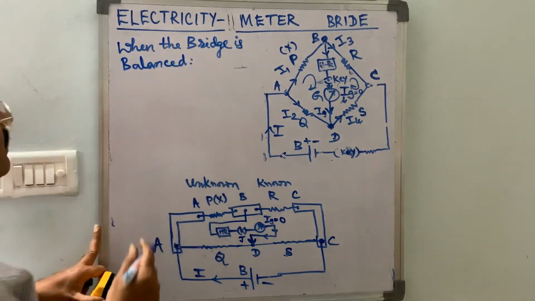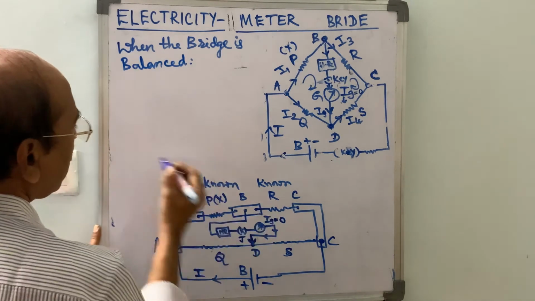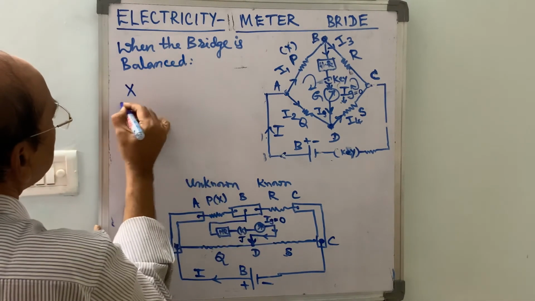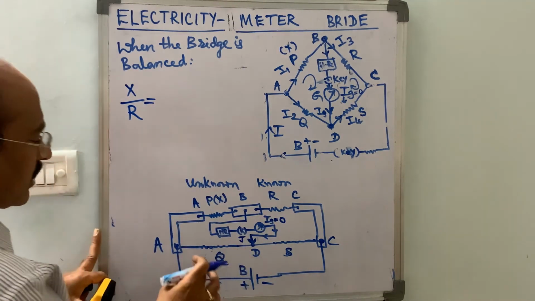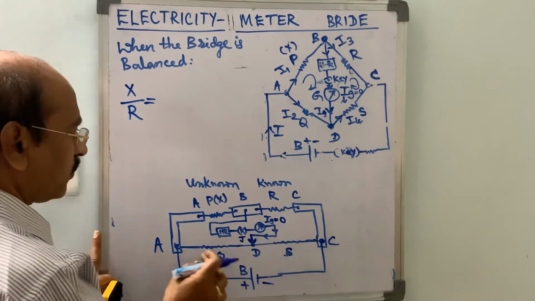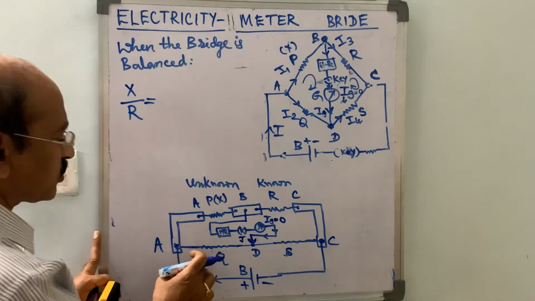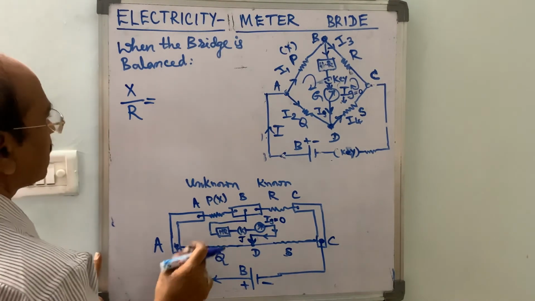according to the Wheatstone balancing condition, P by R, or X by R, is equal to the length ratio. Generally this wire is made up of nichrome. Each centimeter has a resistance of 2 ohms per centimeter length.